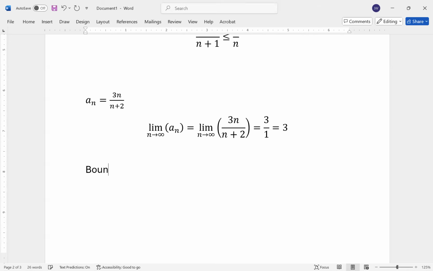So bounded, again, the a sub n's are bounded. Again, you can use any numerical value. You can use -2. Anything that's less than 1, it's bounded by that below. And anything that's greater than or equal to 3, it's bounded by that above.